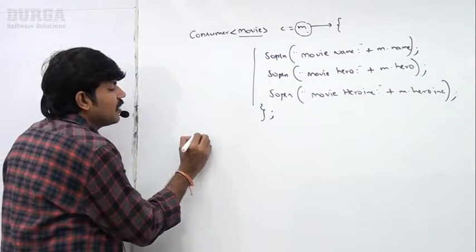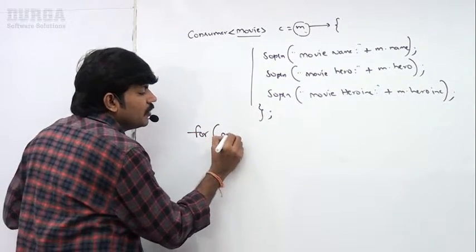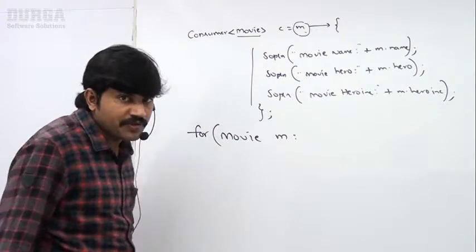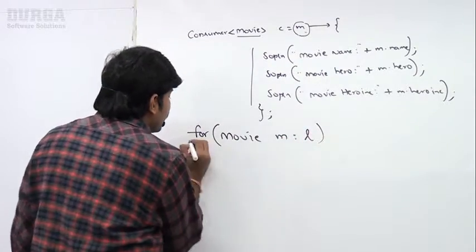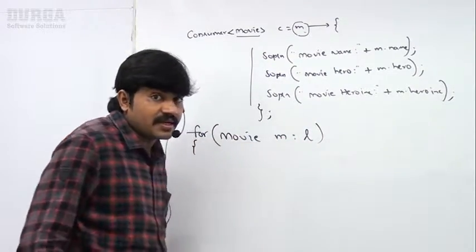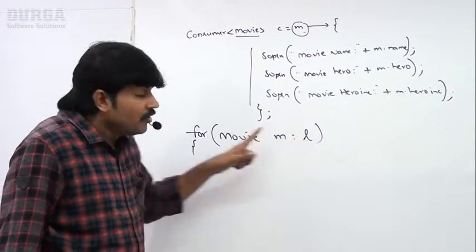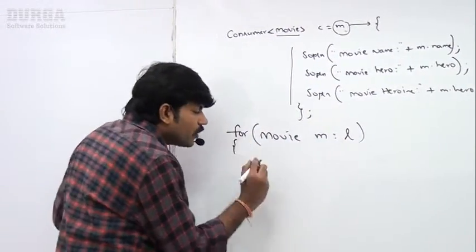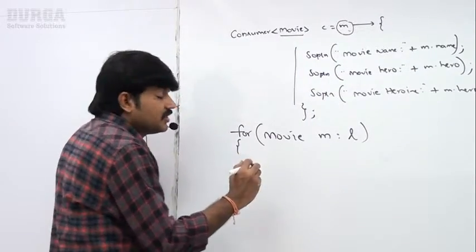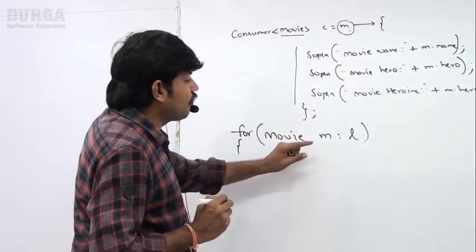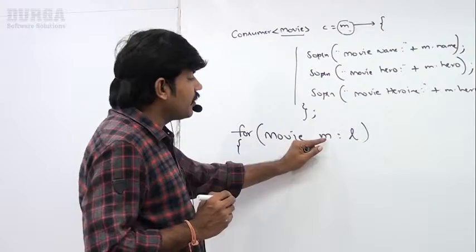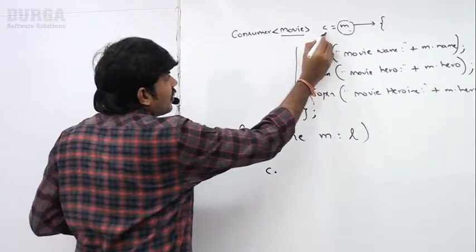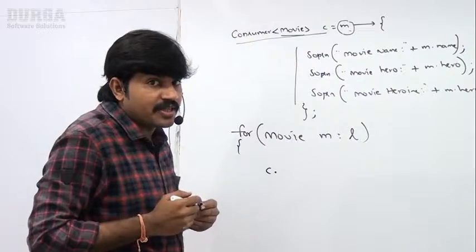Very simple, sir. For each movie object m present in our list. The array list already contains movie objects or not? Yes. For every movie object m present in this list, what we require to do is just call. What do I take, sir? c dot, on the consumer, which method?